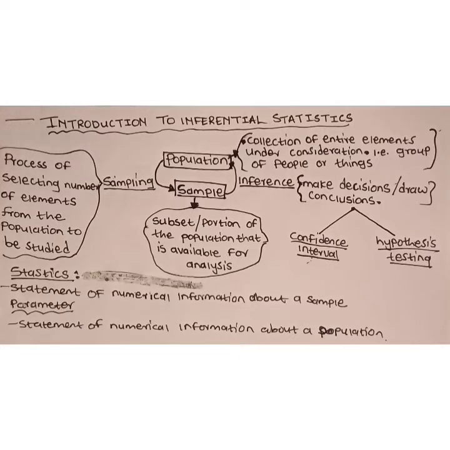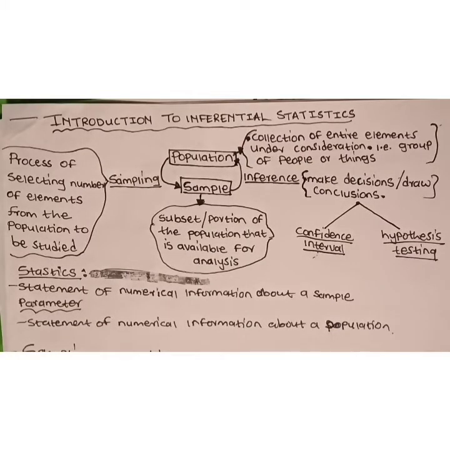We have a statistic as numerical information about a sample, and a parameter as numerical information about the population. Sampling is a method that allows researchers to make decisions about a population based on results taken from the sample. We define it as the process of selecting a number of elements from the population to be studied.